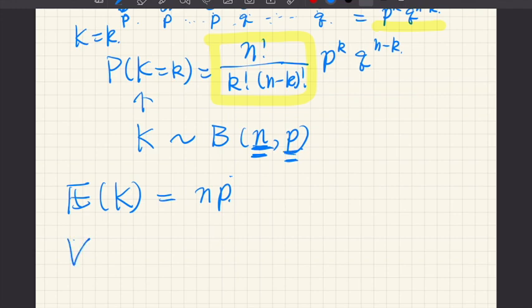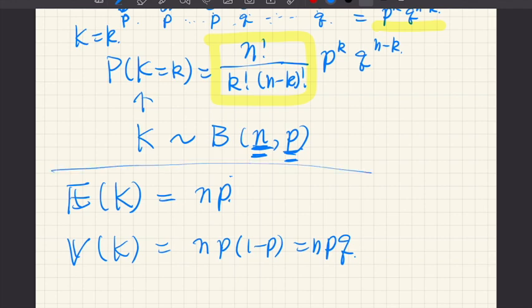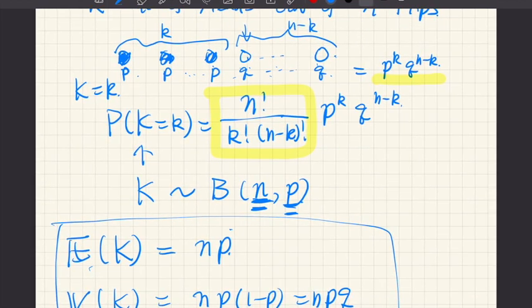And the variance of k is given by np(1 minus p), which is npq. So just use the definition of the expectation value and variance, and you can actually calculate these values.